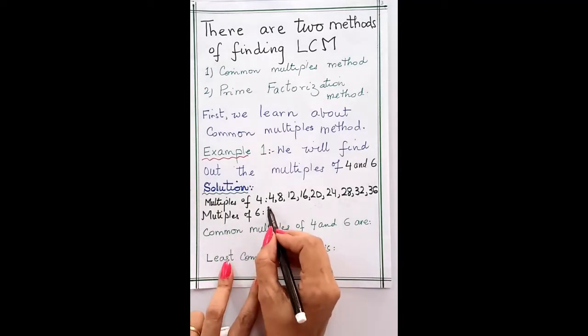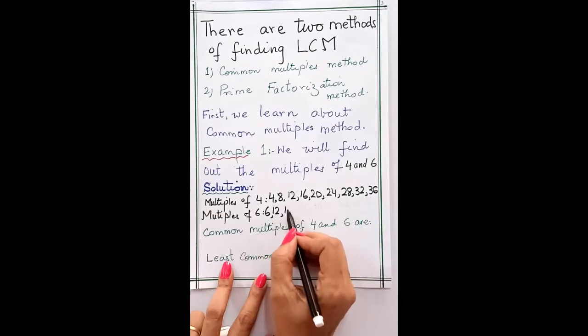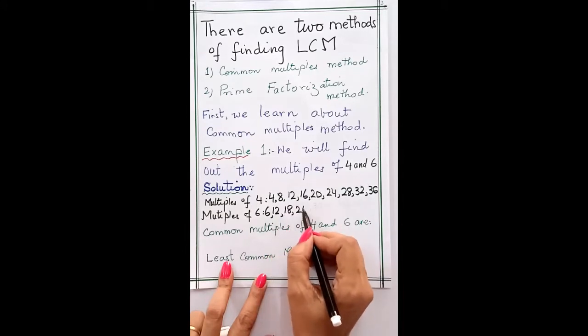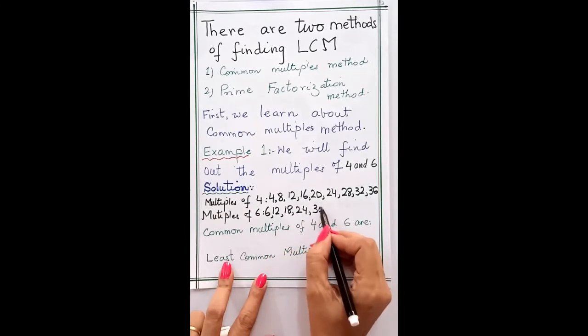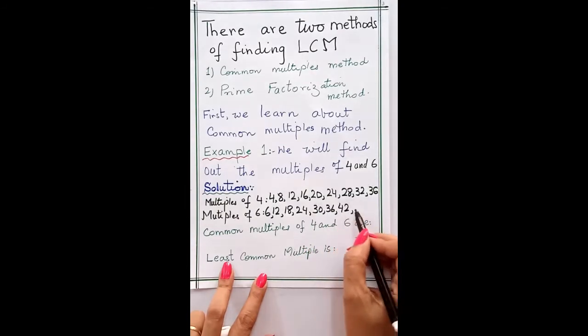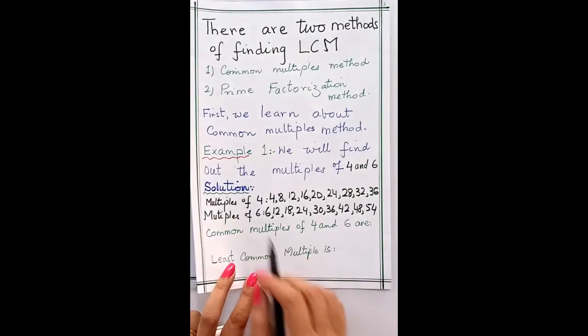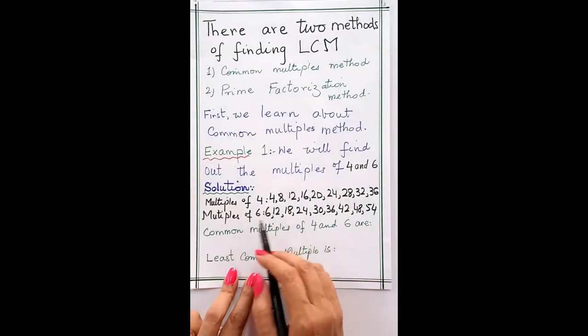Multiples of 6: 6 ones are 6, 6 twos are 12, 6 threes are 18, 6 fours are 24, 6 fives are 30, 6 sixes are 36, 6 sevens are 42, 6 eights are 48 and 6 nines are 54. These are all the multiples of 4 and 6.